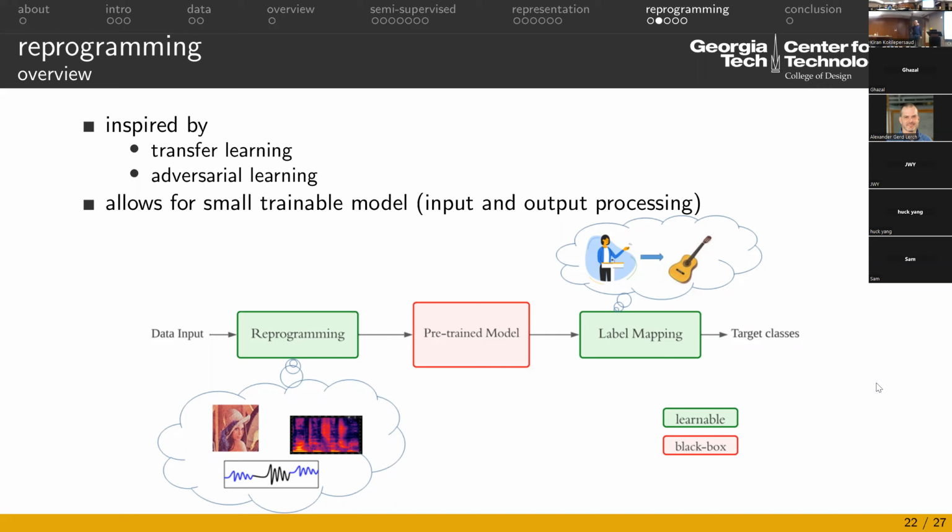And then we let the classifier just output the class labels, and then we map the labels to our target classes for our task. Again, the important part here is that this can be kind of a black box model because we don't train anything there, right? We keep this completely unchanged. We only train the reprogramming and maybe the label mapping if we want to do this a bit fancy.